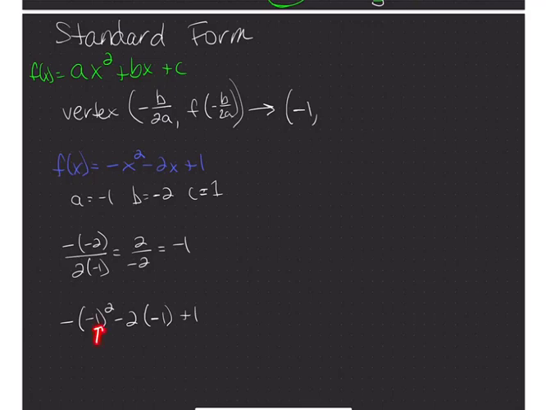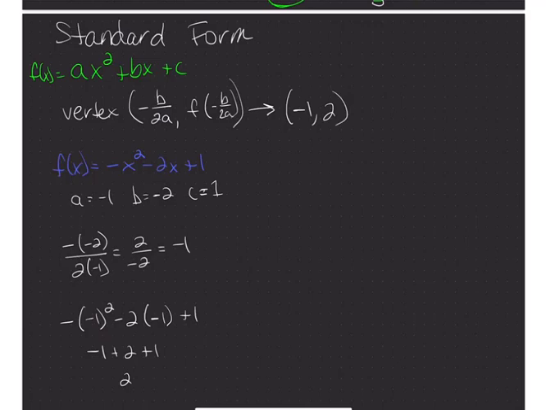Negative 1 squared is a positive 1, times the negative is going to make it negative 1. Negative 2 times negative 1 is plus 2, plus 1, and that's going to get us to 2. So my vertex is negative 1, 2.